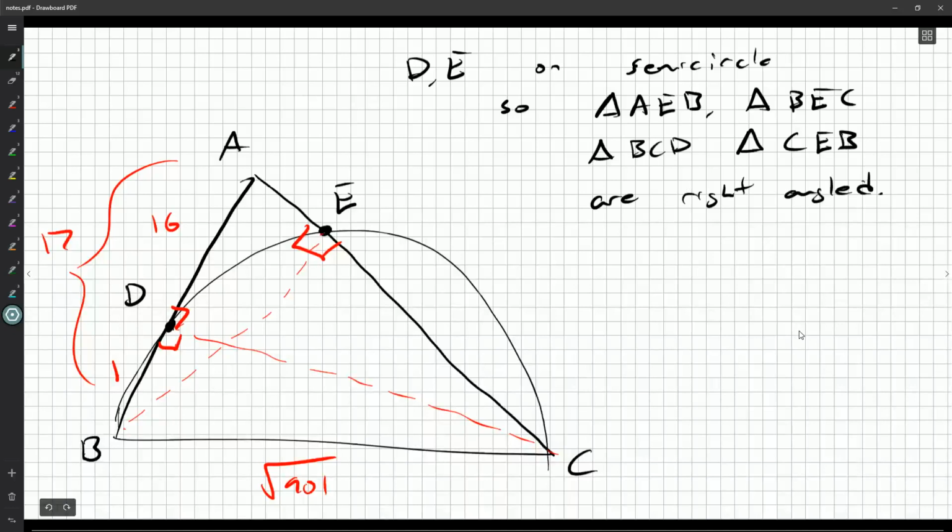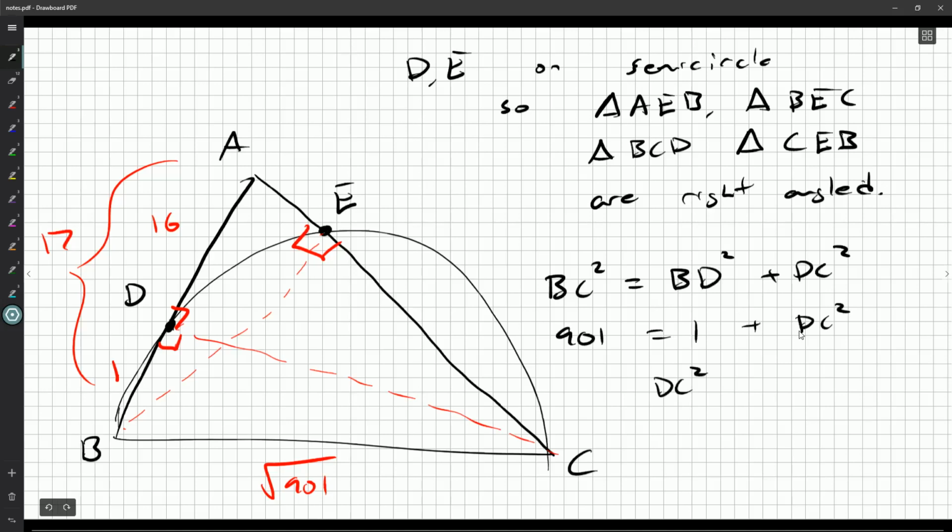In no particular order, we should probably start working some of these out. BC squared, you can say by Pythagoras if you want, but I think everyone's going to know what you're doing. So we get 901 is equal to 1 plus DC squared. DC squared is going to be 900. DC is 30. Okay, so I can put a little blue 30 here.